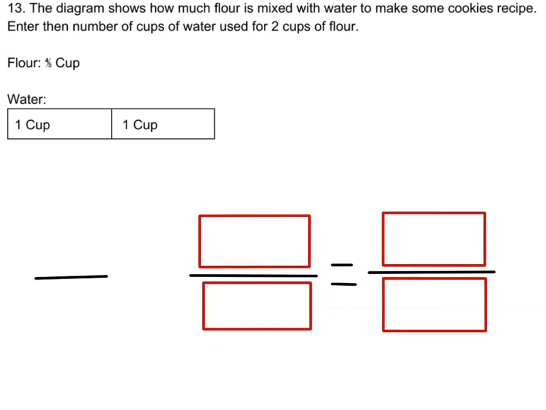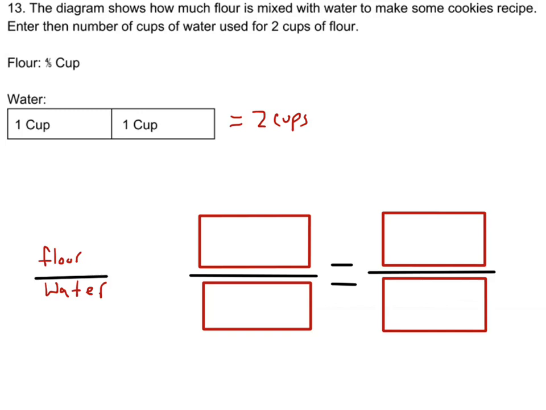Last one. The diagram shows how much flour is needed. So we have two things again. Flour and we have water. Now they made it look confusing. The water equals 2 cups, right? They made it look different. By they, I mean me, but this is what it's going to look like on your test, which I didn't create, but I'm trying to make a problem that looks like that.